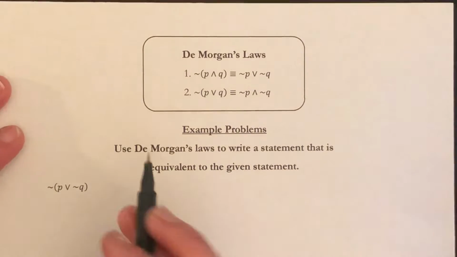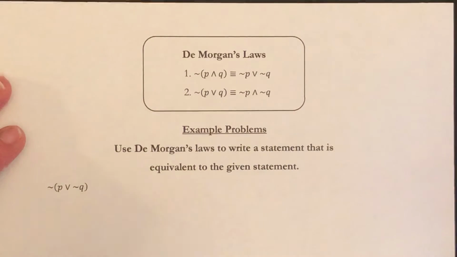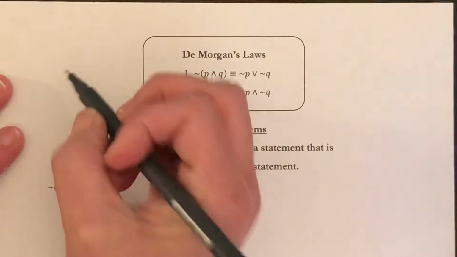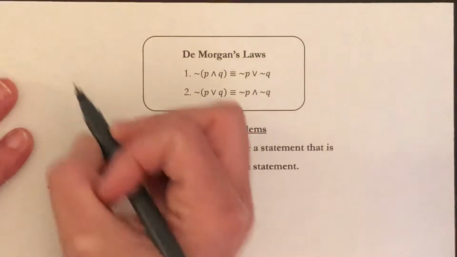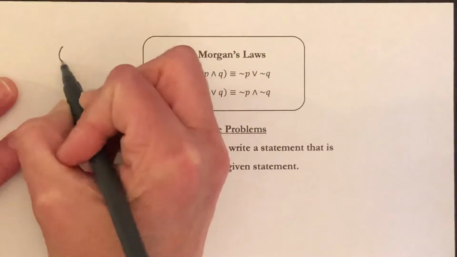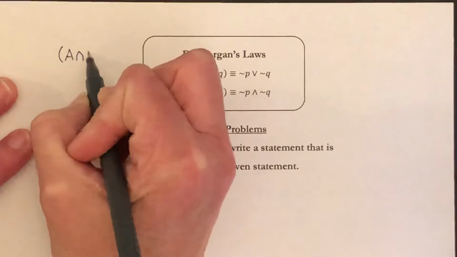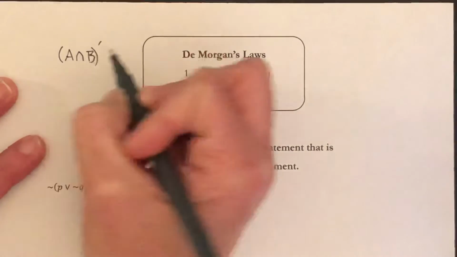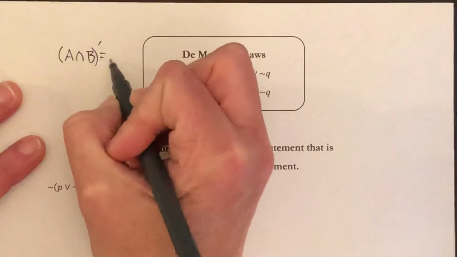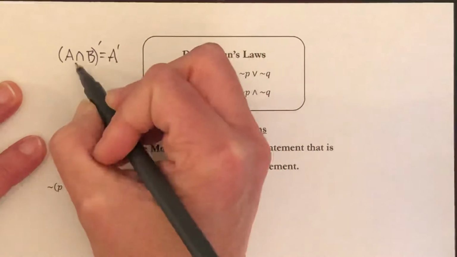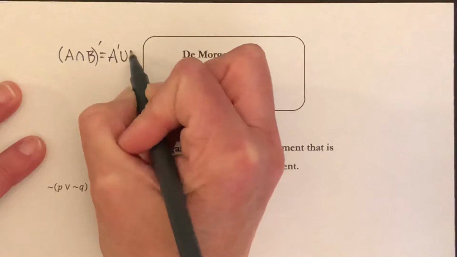When we learned this in chapter 2, we were talking about the complement of two sets, and one of our properties was that the complement of A union B is equal to A complement intersected with B complement.